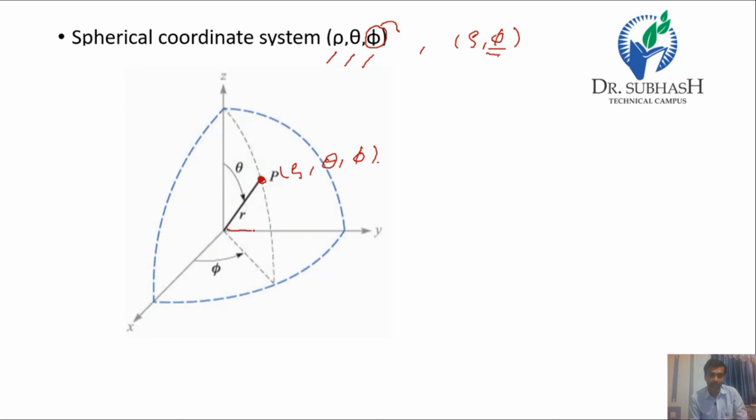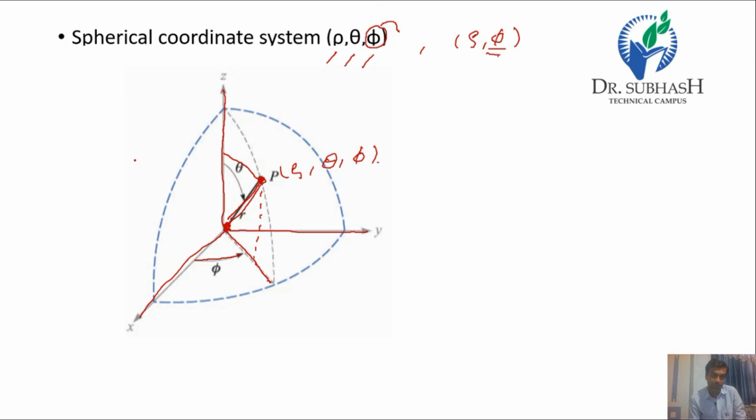Then if we put the spherical coordinate system on the Cartesian coordinate system, rho is from the origin to the point P. Phi is the projection from the z axis to the point P connected through the origin direction, like in the cylindrical coordinate system, and theta is the smaller angle between the line joining point P and origin and the z axis.